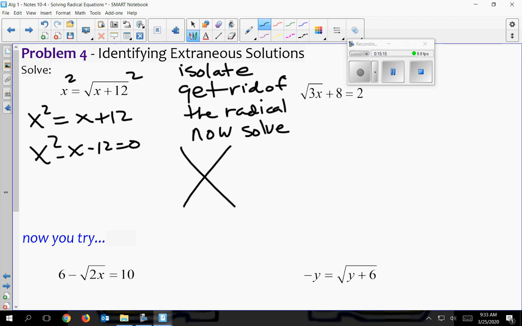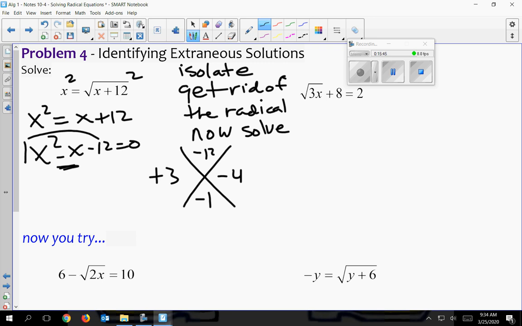Remember, there's a 1 right here, so 1 times the negative 12 on top. Middle value, so that's a 1 right there, negative 1 on the bottom. If the top's negative, then these need to be different signs on the sides. And I believe that it's going to be 4 and 3, multiply up and add up to negative 12 and negative 1.